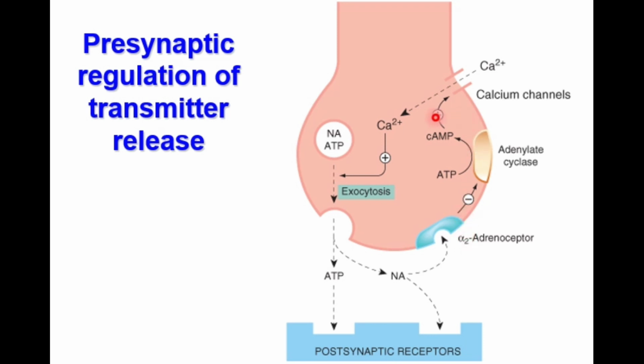This mechanism comes into play when the noradrenergic nerve terminal is exposed to a high concentration of noradrenaline. This sort of neuromodulation generally involves second messenger regulation of ion channels.